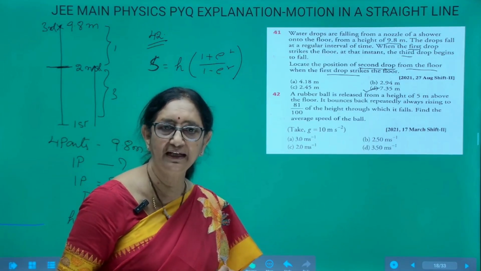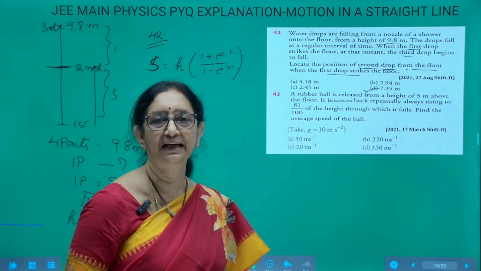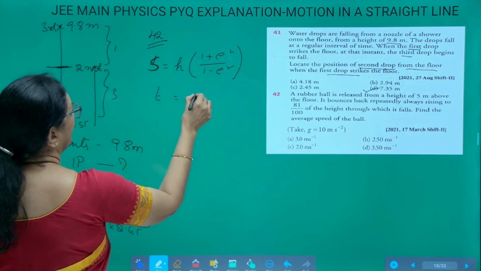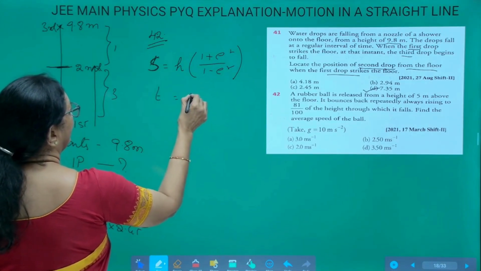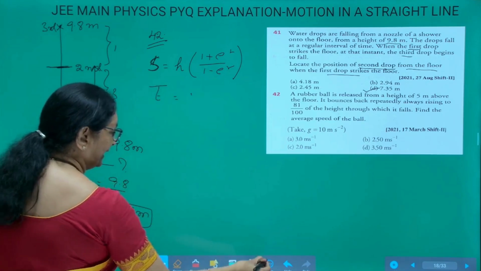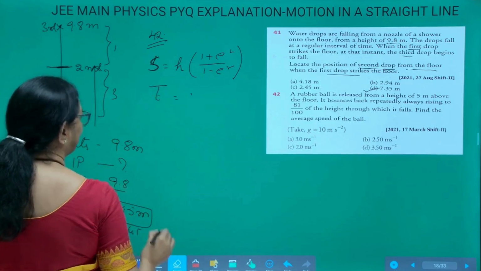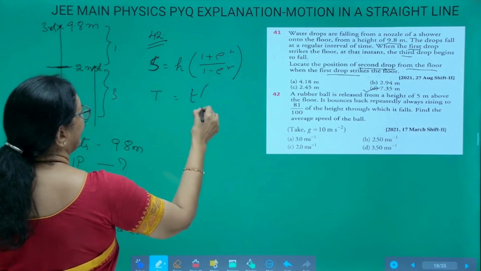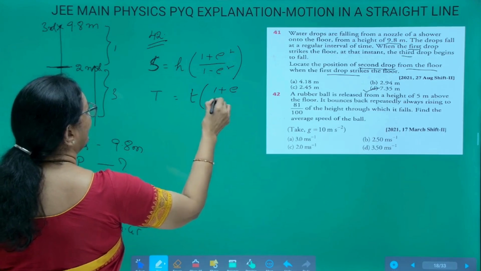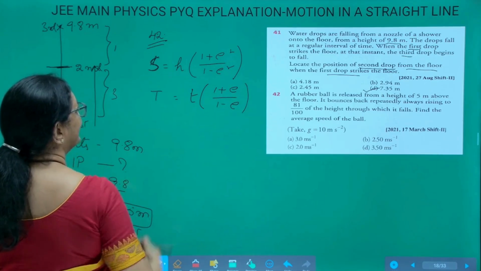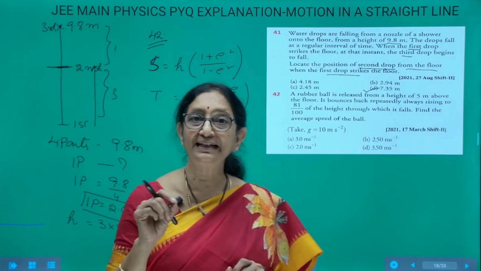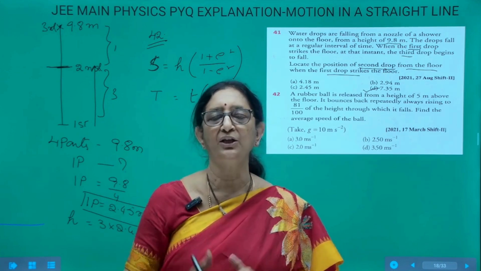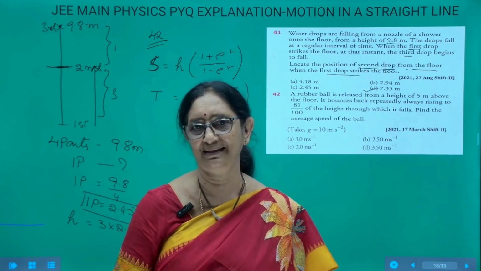Similarly, the total time taken before it stops, let us take it as capital T, is T into (1 plus e) by (1 minus e), where T is the time of free fall. The total distance travelled before coming to a stop is h into (1 plus e squared) by (1 minus e squared).